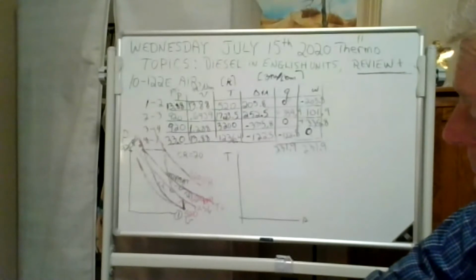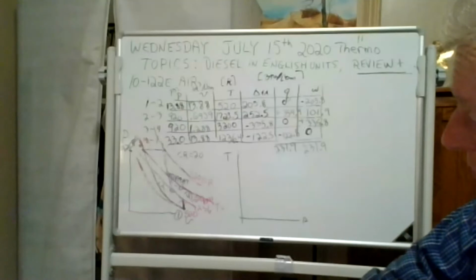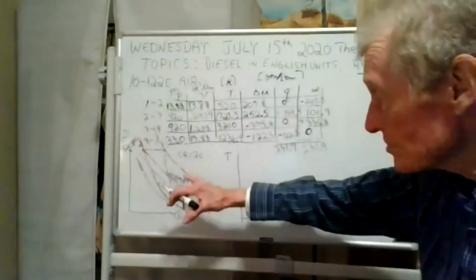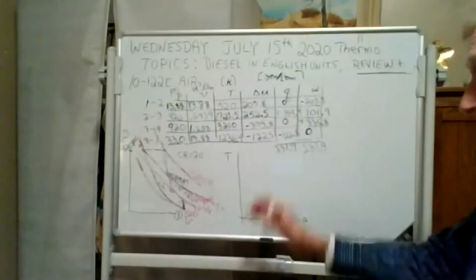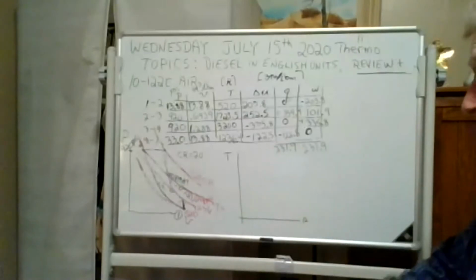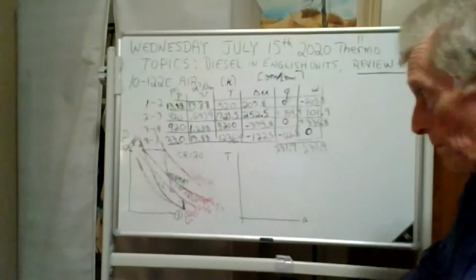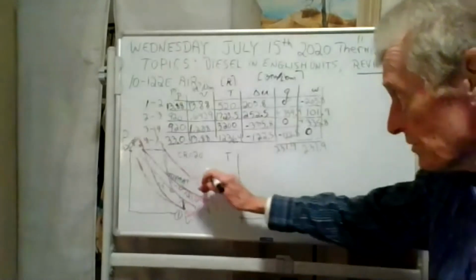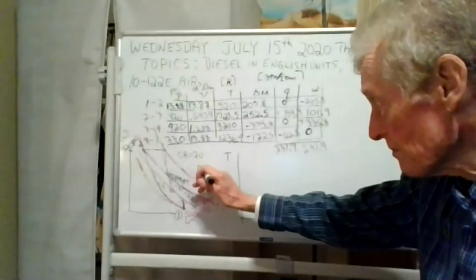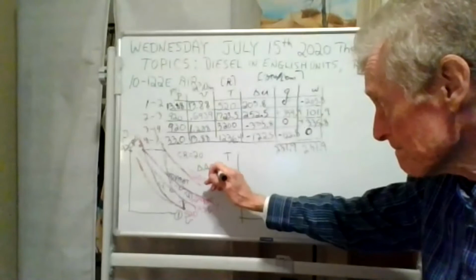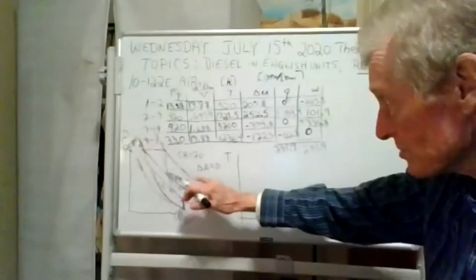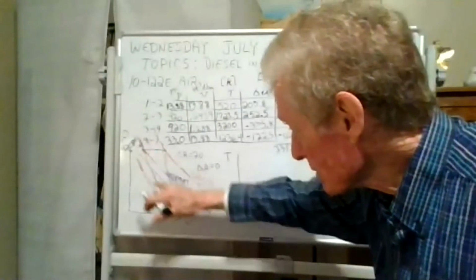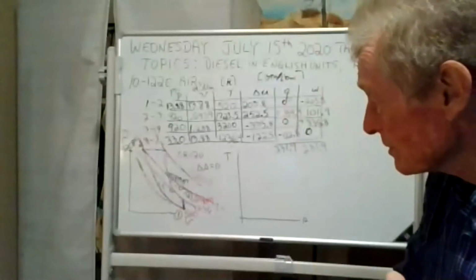Now, it's got two isentropes. Well, isentropes go straight up and down. That's constant entropy. See, when delta S is 0, they call that an isentrope. Well, delta S is 0 from 1 to 2 and 3 to 4.